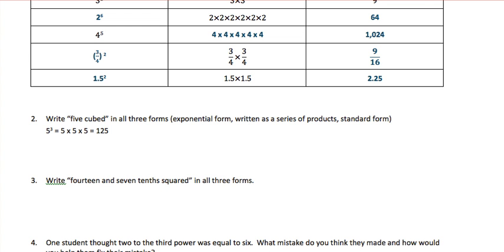Next we have 14 and 7/10 squared. So 14 and 7/10 as a decimal. Squared means to the second power. And that is 14 and 7/10 times itself twice. And the value of that number is 216 and 9/100.